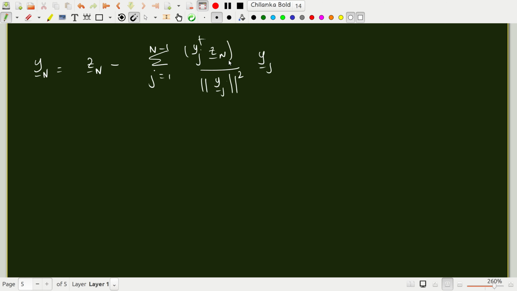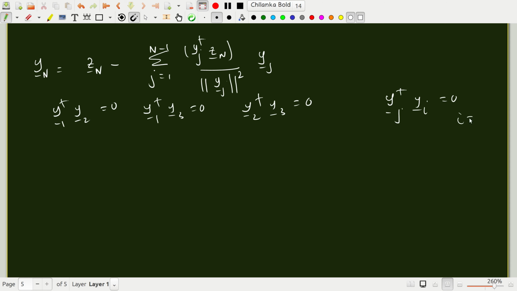The same thing has to be repeated for all the other vectors. By doing this, we have ensured that y1 dagger y2 is 0, y1 dagger y3 is 0, y2 dagger y3 is 0, and so on. In general we have ensured that yj dagger yi is 0 for i not equal to j. Now the point is, we have not yet normalized it.